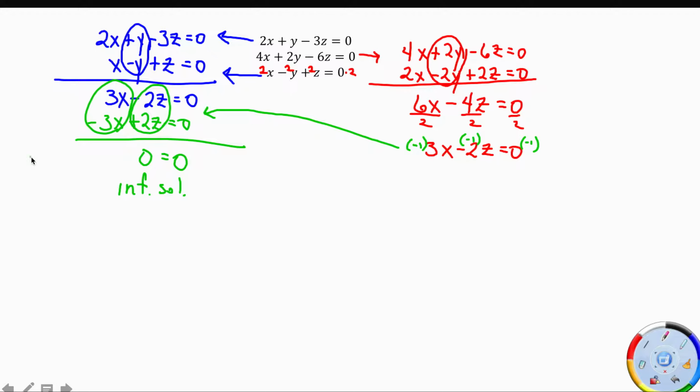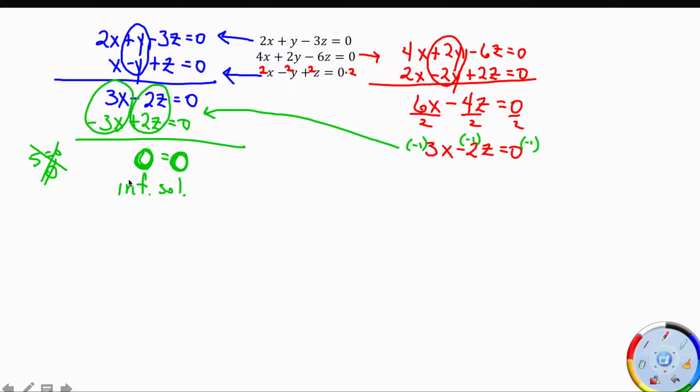Right? Something crazy like 5 equals 0 means no solution. Right? That's not what we're talking about here, but just to remind us. Otherwise, you get something like x equals a number, z equals a number. If your variables disappear, it's either no solution or infinite solutions.